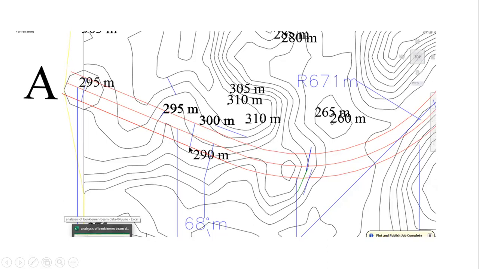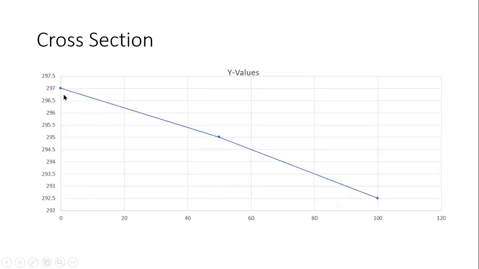And this is 100 meters in length. On the right hand side, again, the elevation of this point is between 290 and 295 meters. For the sake of simplicity, I've taken 290.5 meters, 292.5 meters. So you have the cross section like this.